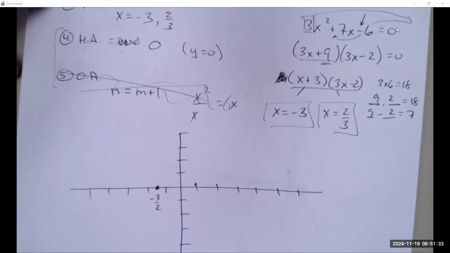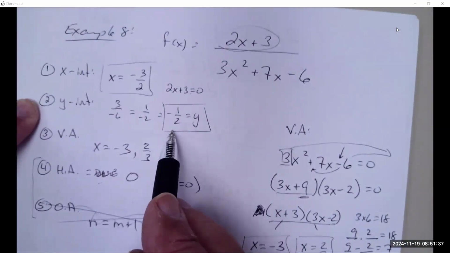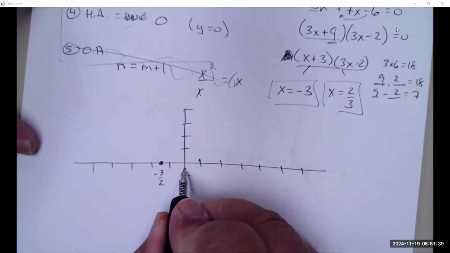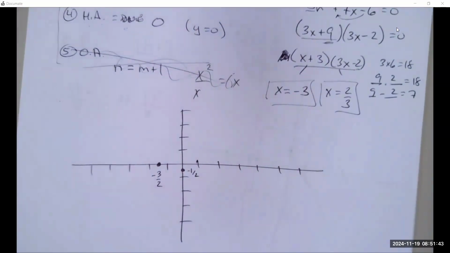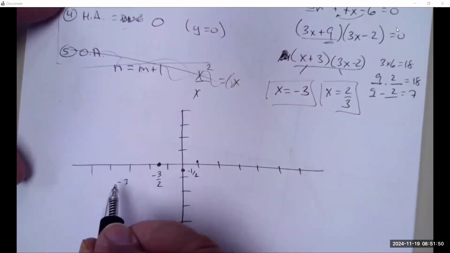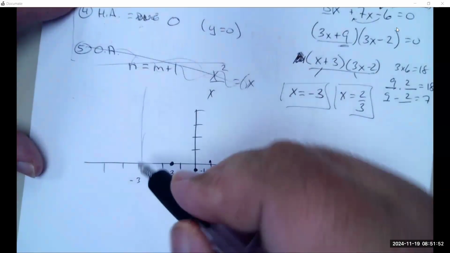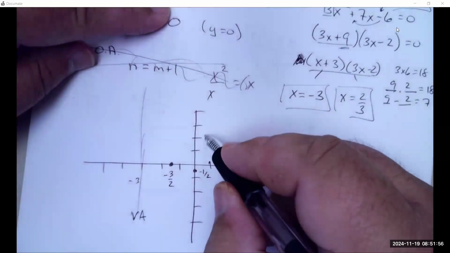My y-intercept is negative 1/2, so that's down here. My vertical asymptotes: at negative 3, that's my vertical asymptote, and at 2/3.